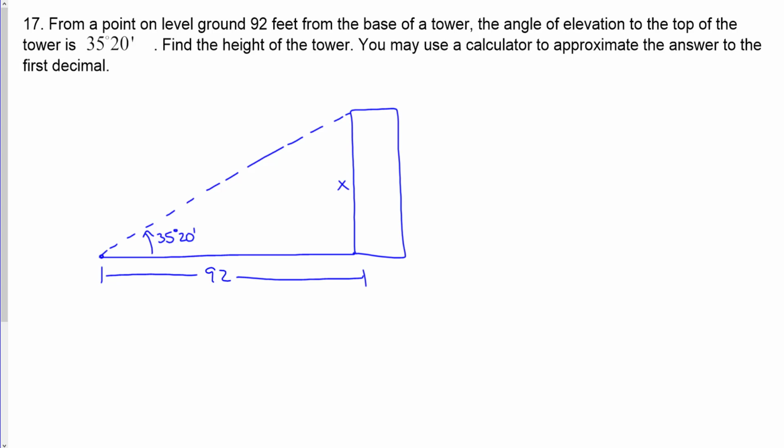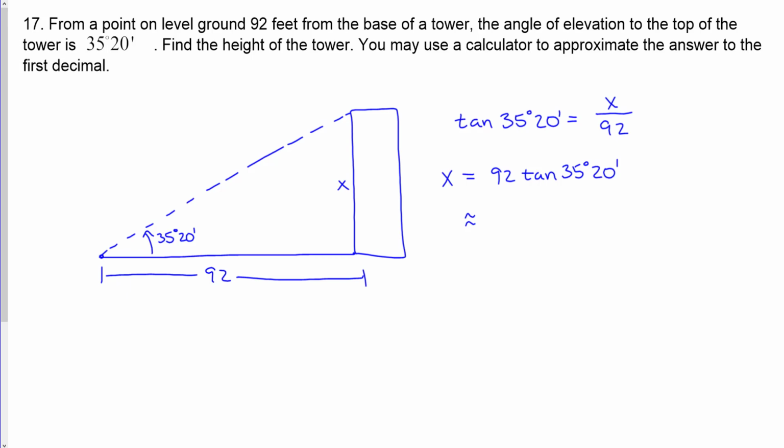So if you'll notice, I could relate these through tangent and say that the tangent of 35 degrees, 20 minutes is x over 92, or x is equal to 92 tangent 35 degrees, 20 minutes.